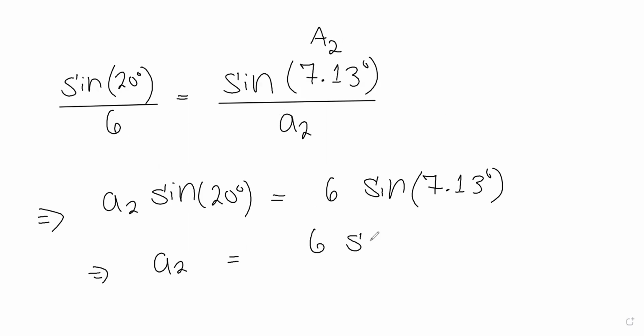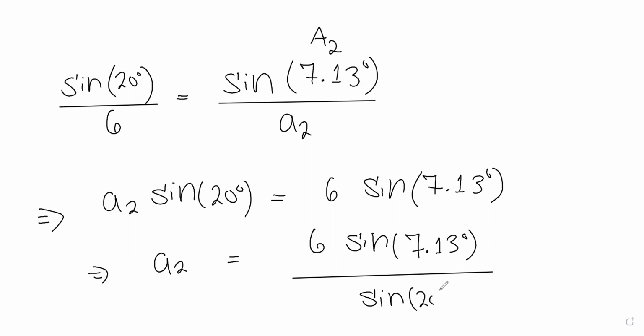So 6 sine 7.13, all divided by sine of 20. So my a2, once you type that into the calculator, is about 2.18 units of length.